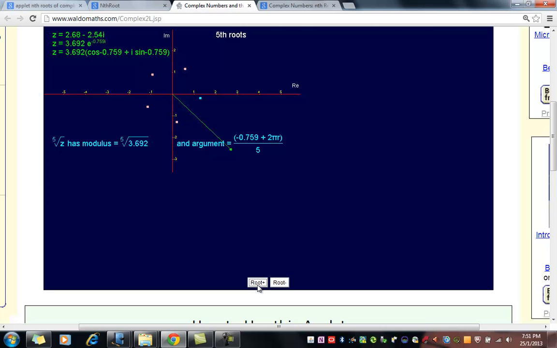What if I have 5 roots? Then what I get is a pentagon centered at the origin. And not just any pentagon, but a regular pentagon with all the vertices equally spaced. So I see, no matter how many roots I add, I can keep adding roots. They will all be equally spaced about the origin, regardless of where my z is.